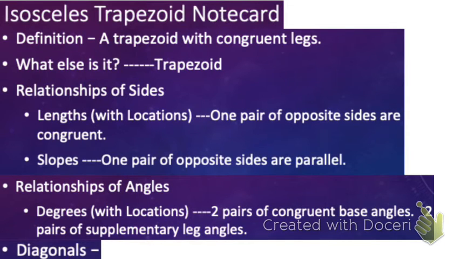Now wait, what do you think are going to be called base angles? The ones that are parallel. Okay, the bases are the sides that are parallel. What are we going to call base angles compared to what we called leg angles? Okay, they're congruent, but how are we going to identify what's what?